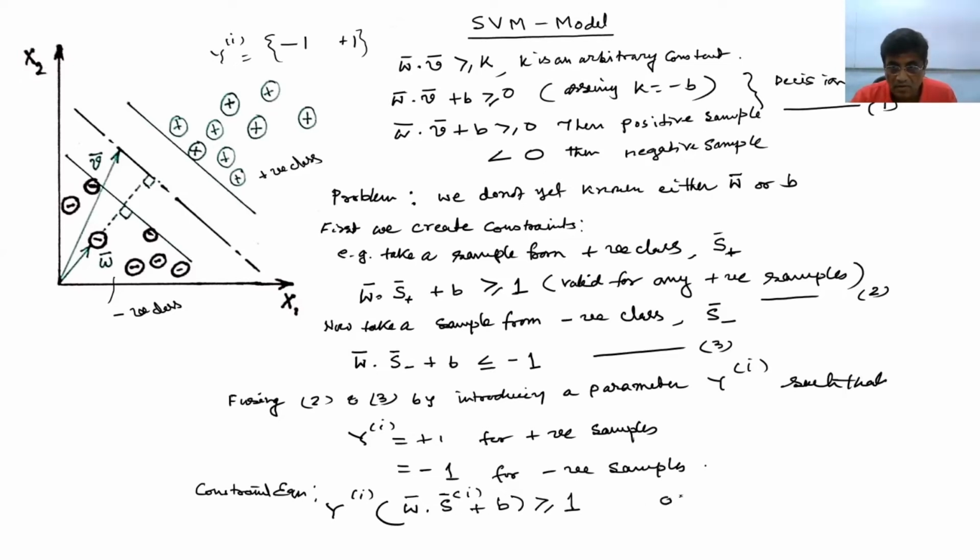Or I can write down yi times (W dot S plus b) minus 1 equals 0 for samples on the border.